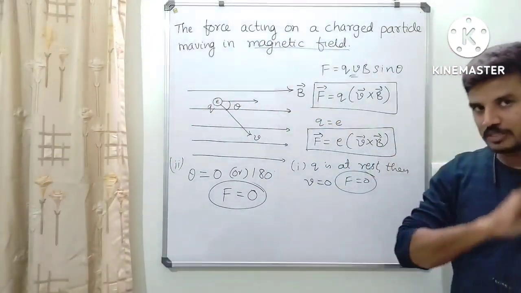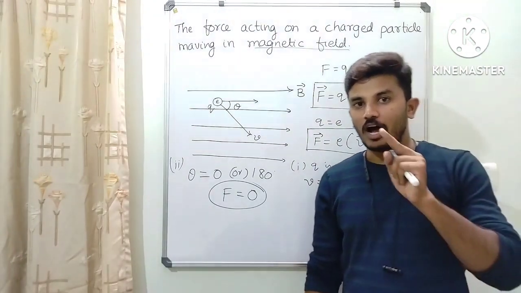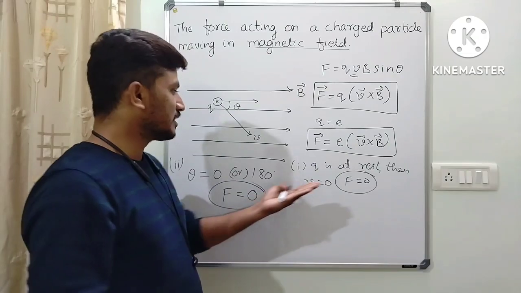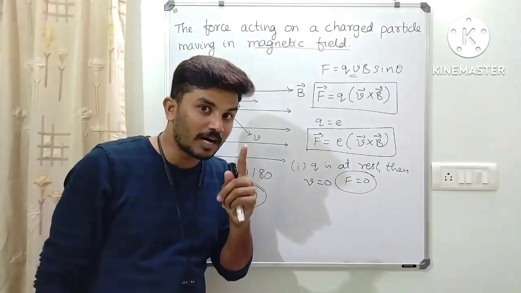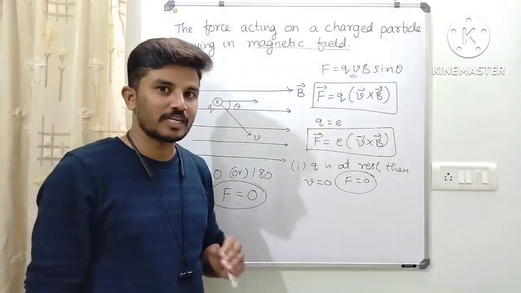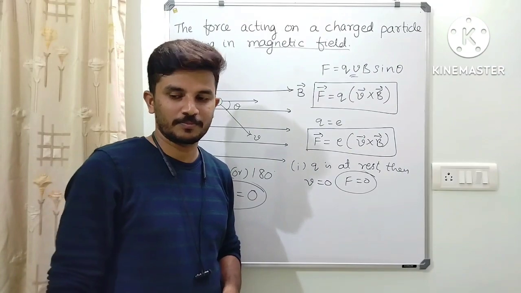Means you need to know one thing, that if the charge is placed in magnetic field or moving parallel to the magnetic field, then the force experienced by the charged particle will be minimum or 0. Okay, I hope this concept is very clear to all of you. Let us move on to the next concept.